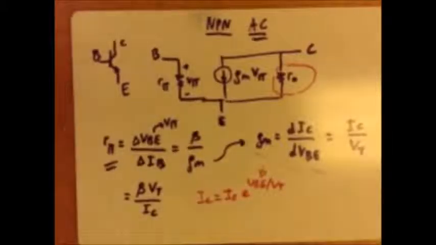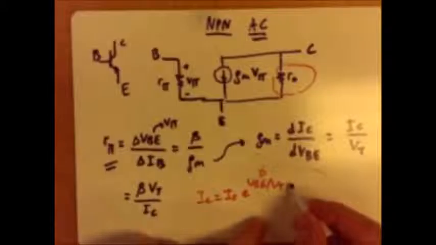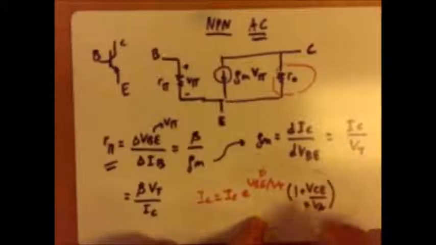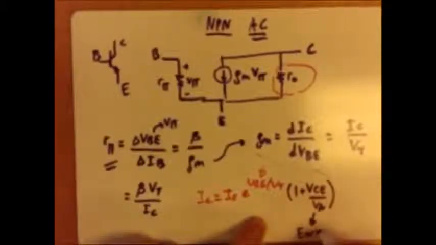But in reality, we also have a term here that makes the collector current a function of the collector emitter voltage. And here this VA is called the early voltage. It's just a definition.